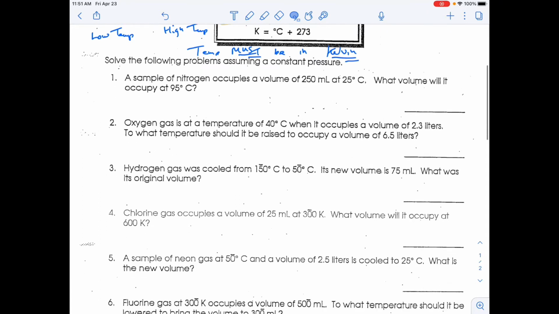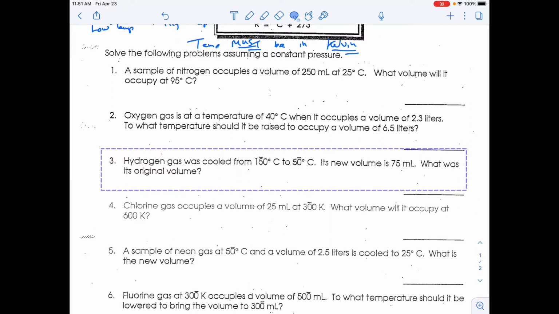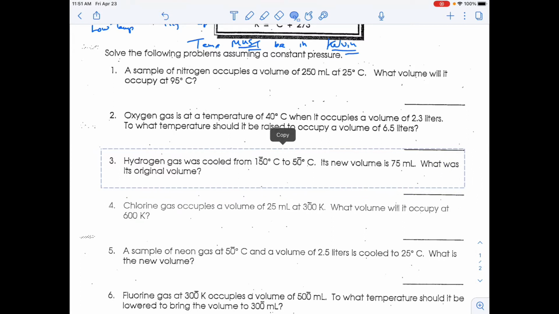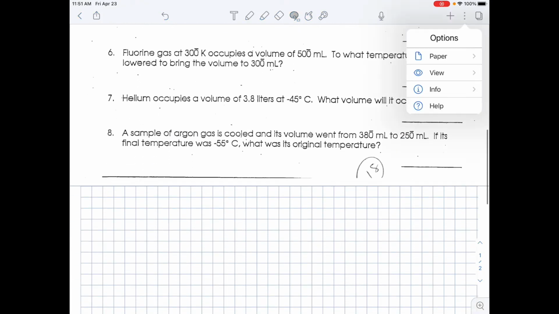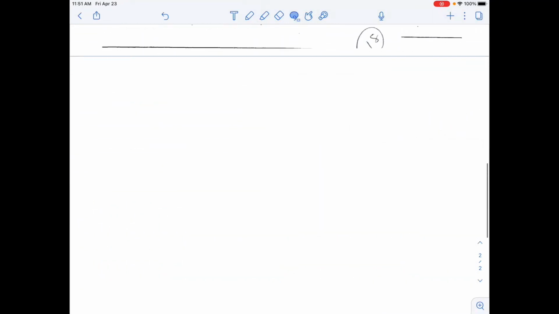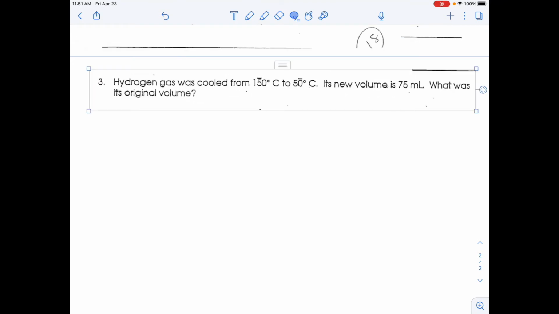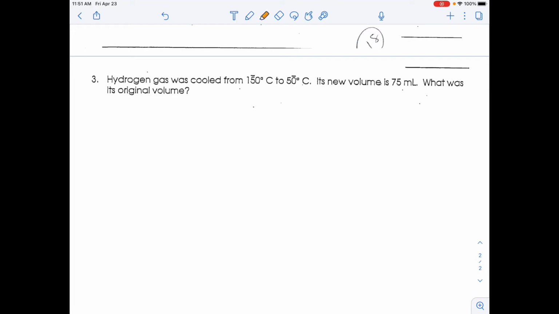Let's do number 3. And the reason I'm doing number 3 is because it's got these little bars over the values in the temperature, which really doesn't mean anything. So I just want to show you those. Hydrogen gas is cooled from 150 Celsius to 50 degrees Celsius.